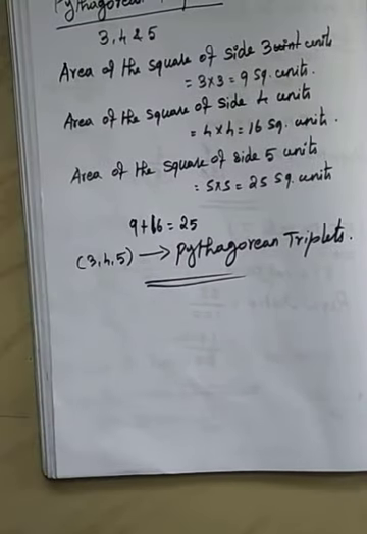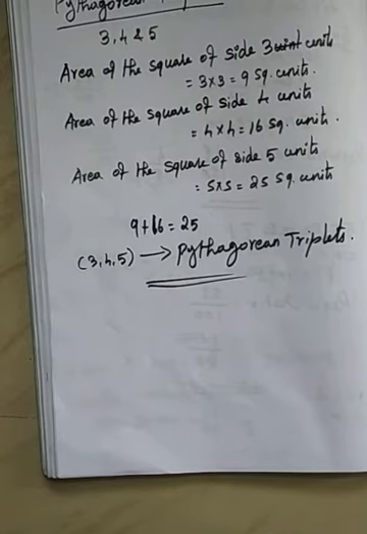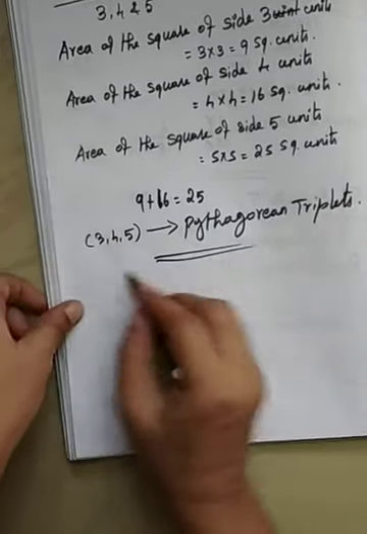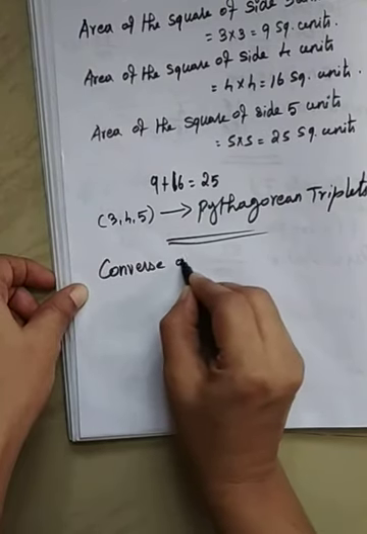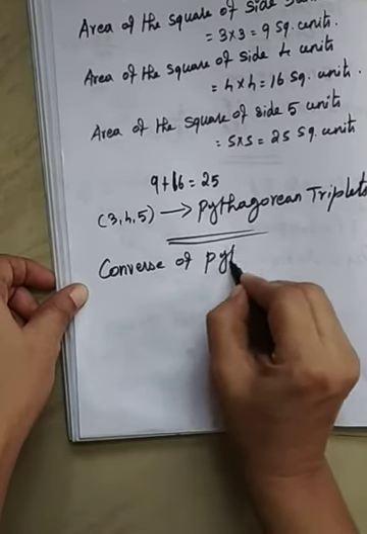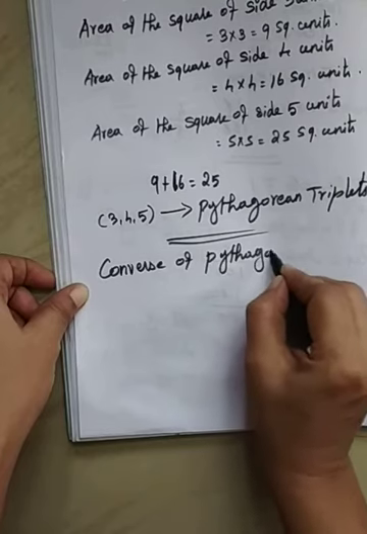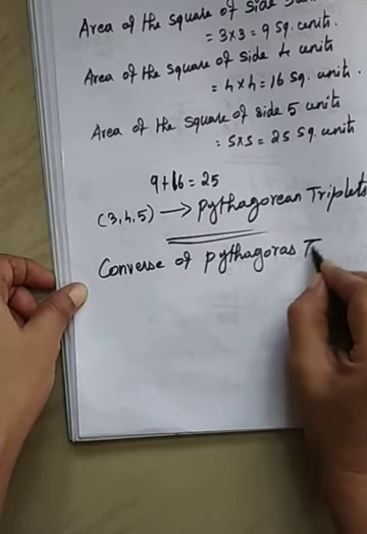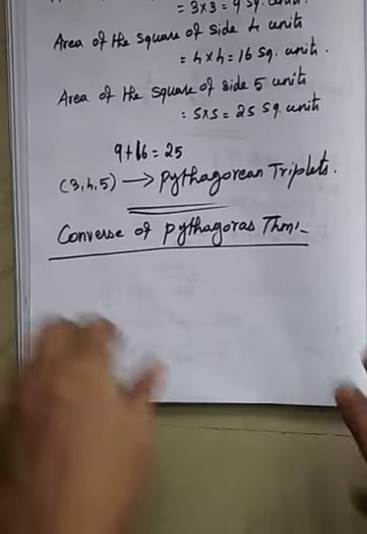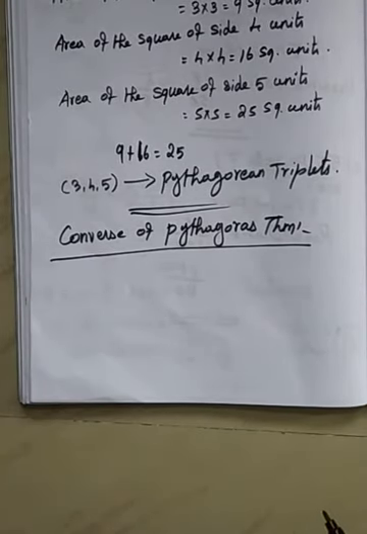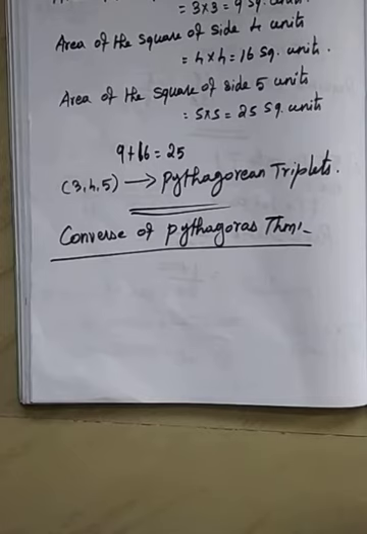Now, we see the converse of Pythagoras theorem. What is the converse of Pythagoras theorem? Construct two triangles.